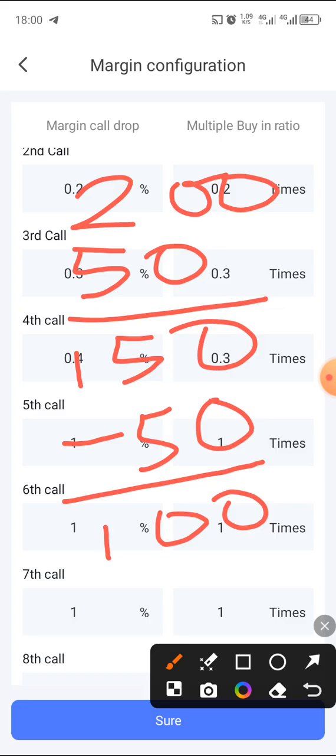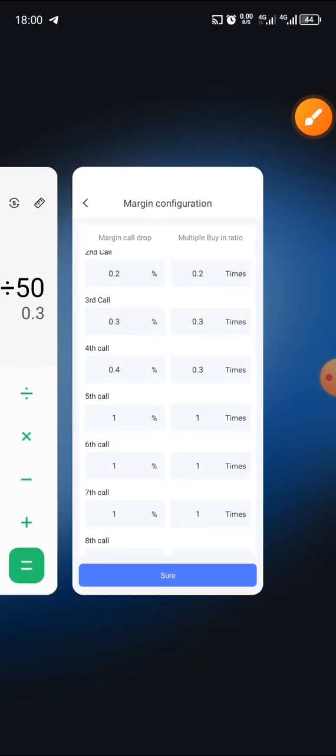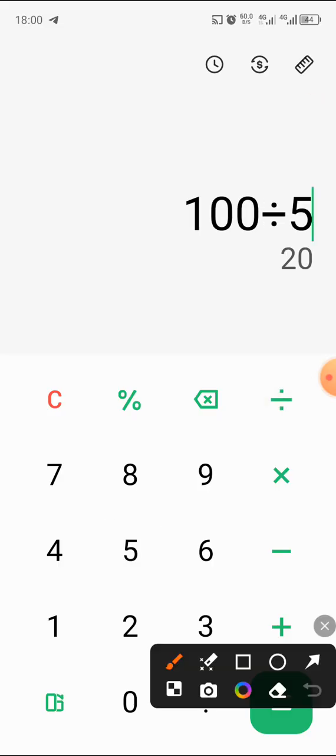So with $100, one can decide that he or she wants his robot to buy using $5 or $10. So for a person using $5, let me take you to the calculator. It will be 100 divided by 5, giving you 20 margin calls, which is good.